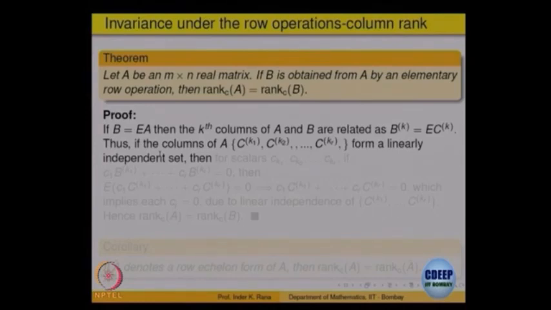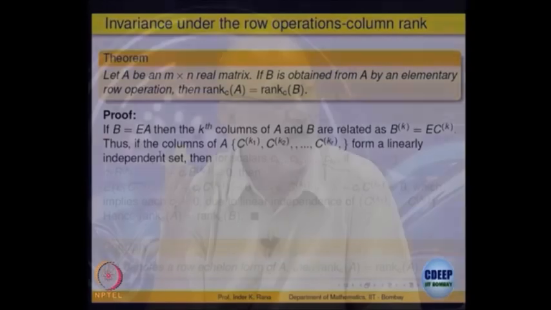Means what? Columns will change under row operations, but we want to say that whichever columns were independent, after row operations they still remain independent. That will show that the column space of A is the same as the column space of the row echelon form.